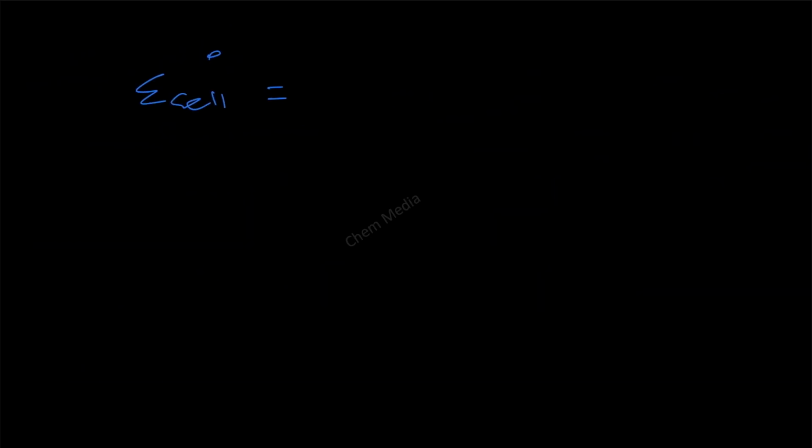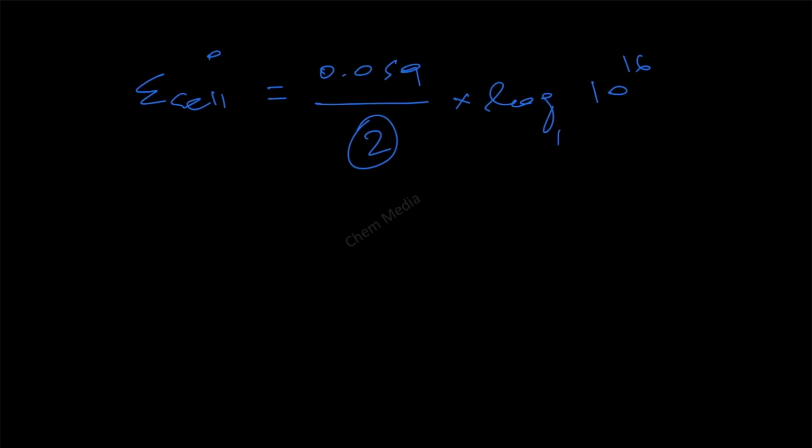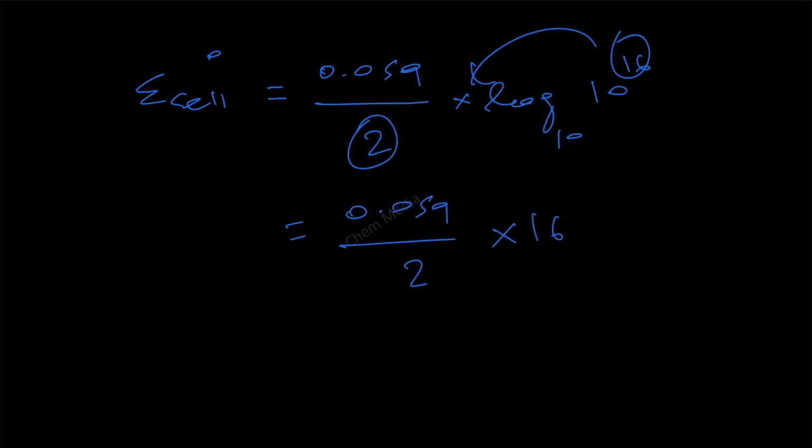Therefore, Ecell standard is equal to 0.059 divided by 2, because 2 moles of electrons, times log 10 to the power 16. So, therefore, 16 we can bring it here. This means 0.059 divided by 2 times 16, because log 10 base 10 is 1. So, therefore, this is 8 times.